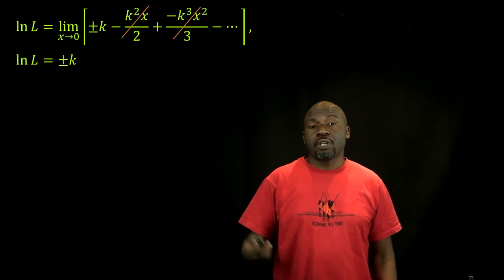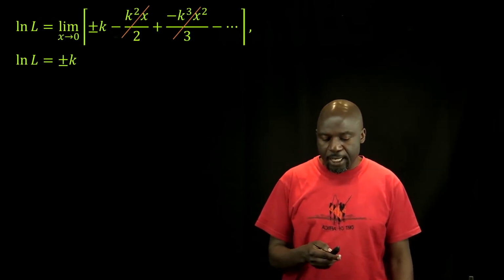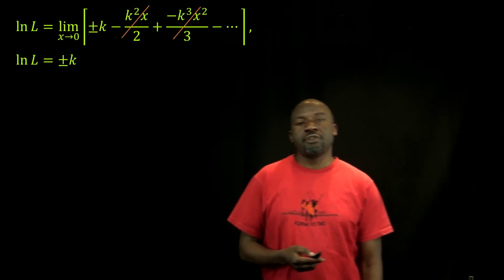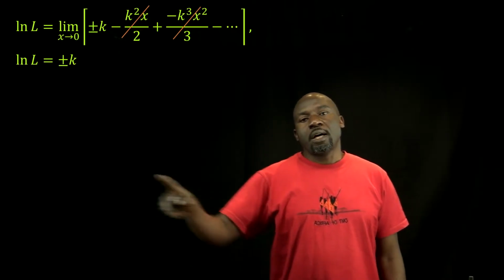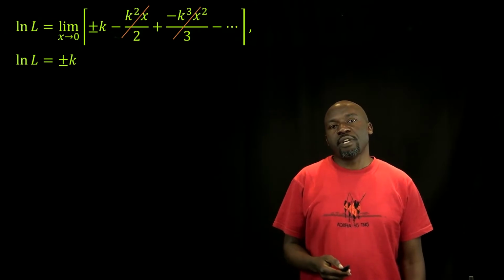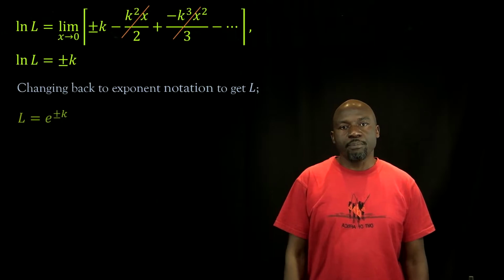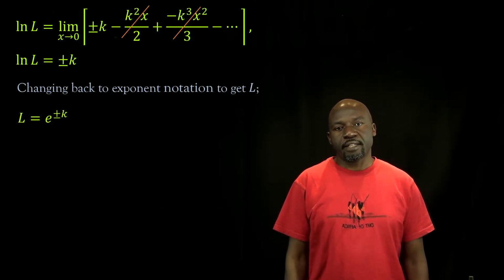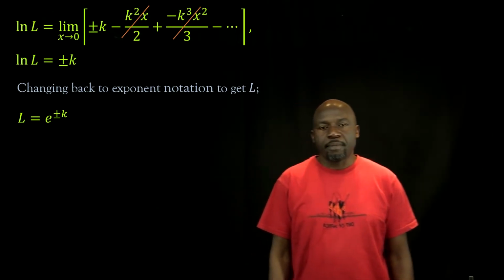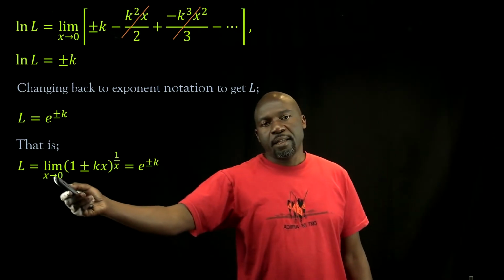Now the next thing, of course, we want our L back, because we had let our expression be L earlier. To do that, we change this to the index notation. Log to base e of L is plus or minus k, and that means that L is going to be e power plus or minus k. Okay, now what does this really mean? Remember, L was given by these expressions here.